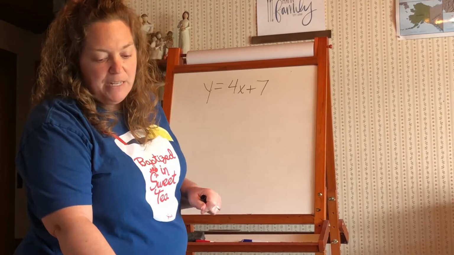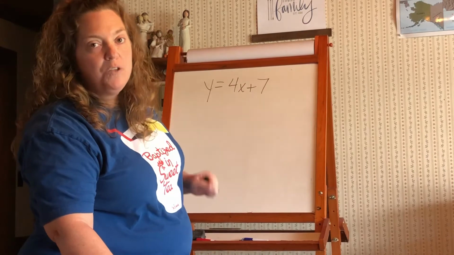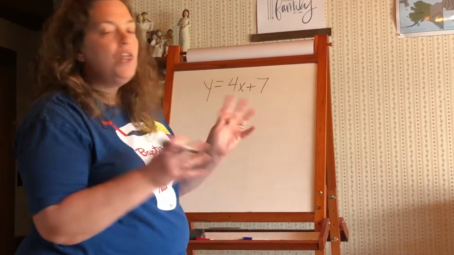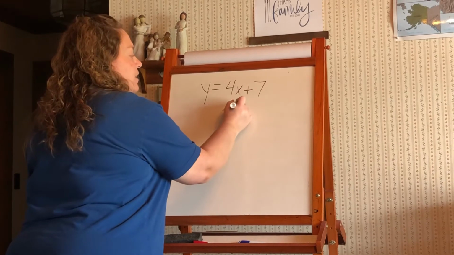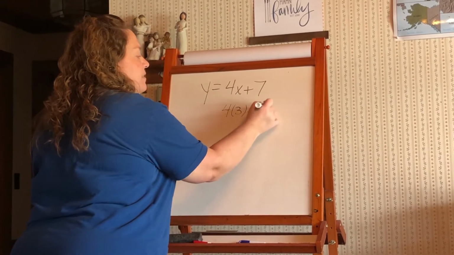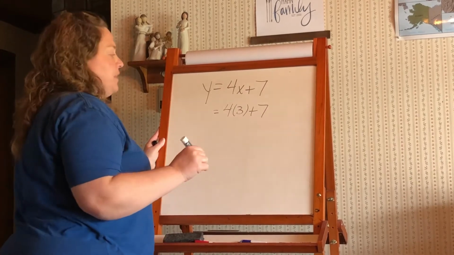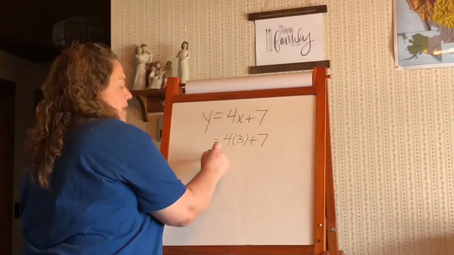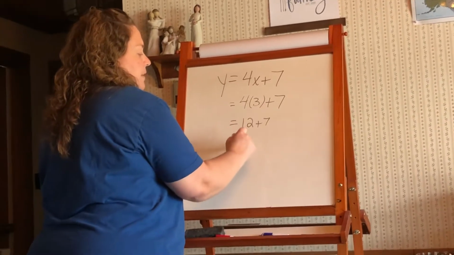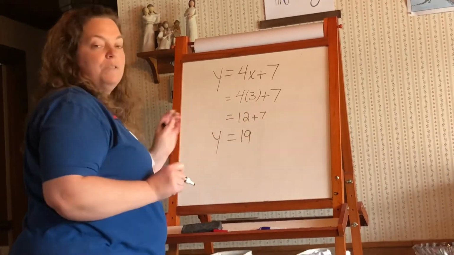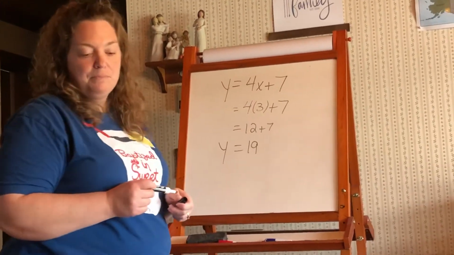It says find the matching y value if x equals 3. All they want you to do there, guys, is plug in 3 for x and solve. Don't get thrown by the terminology. So we do that. It is 12 plus 7, which equals 19. And you would write y equals 19.